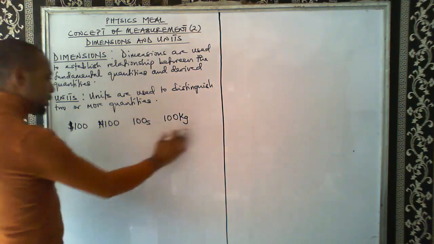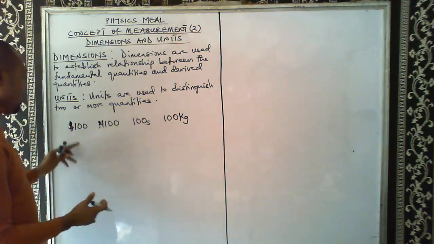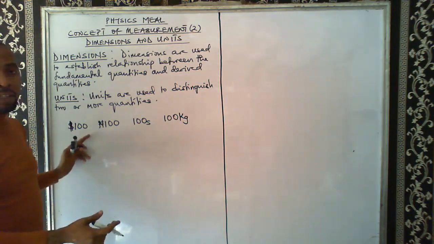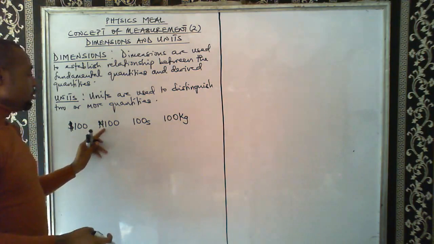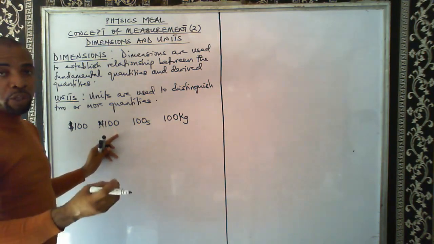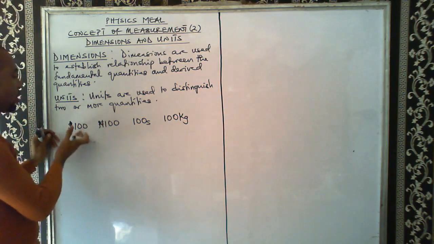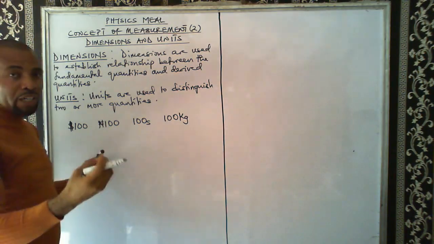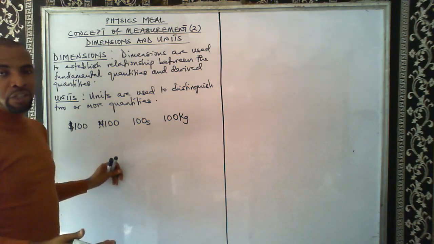Oh, these things are now making sense. Now when you say $100, someone will know that you are talking about money. 100 naira, somebody will know you are talking about money also. But when you are busy shouting 100, 100, it doesn't make sense.